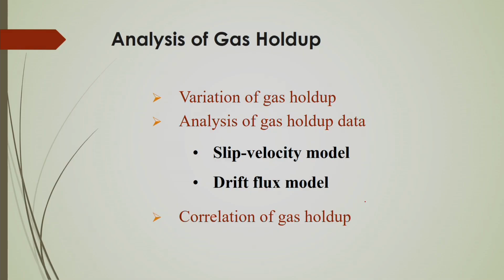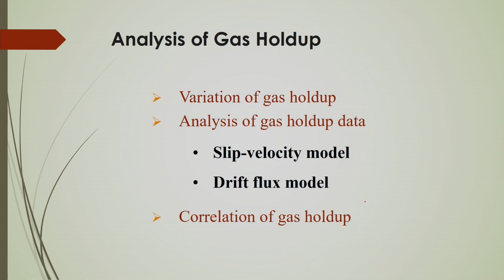So, there are two models available to analyze this gas hold up data, called the slip velocity model and the reflux model. And since this gas hold up depends on different variables, maybe more than 2, 3, even 5, there are several variables at a time affecting the gas hold up.